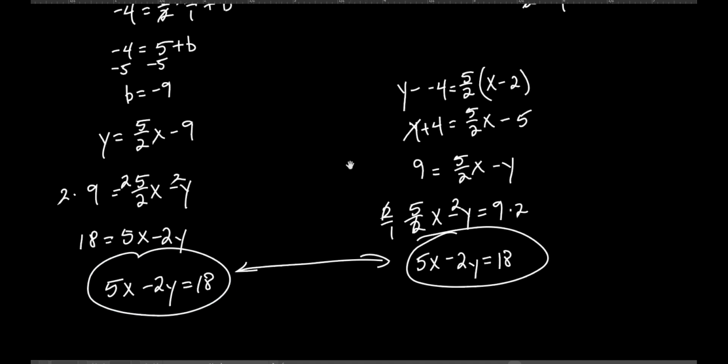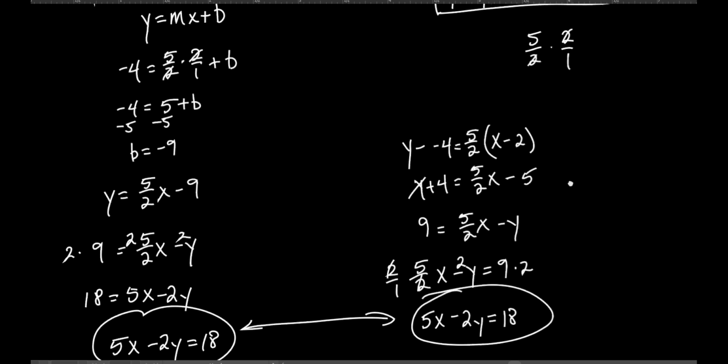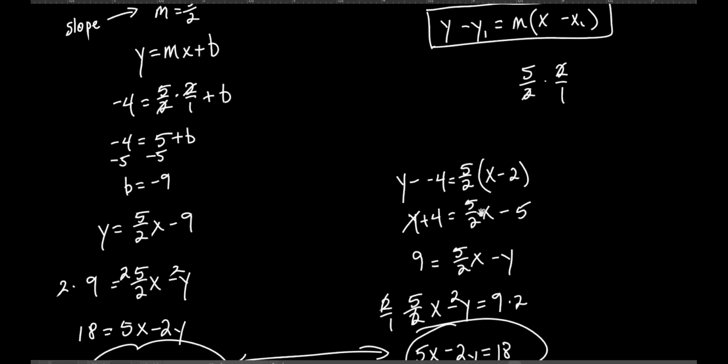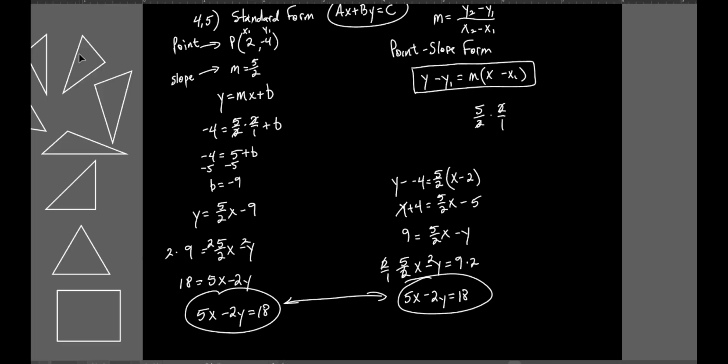So I don't know, which one do you like better? I kind of like the point-slope form a little better, don't you? Right? You don't? Why not? It's less work than this. Look at all the work here. Look, here, let's go a little smaller. Watch this.